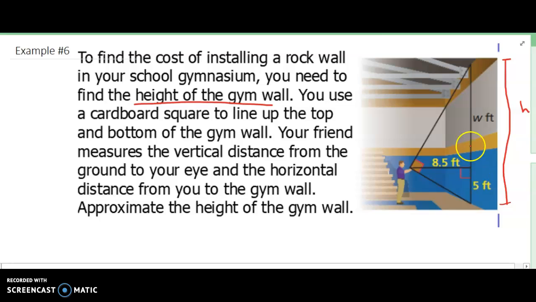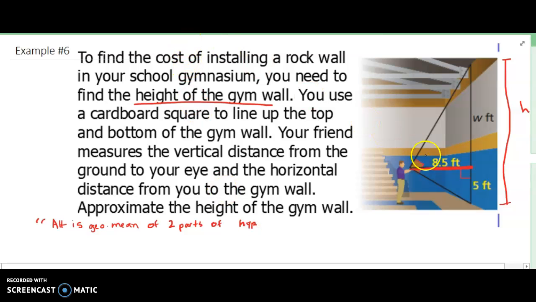All right, so what we have is this triangle. And would you not agree that this here is the altitude of this scenario? So we would use the geometric mean altitude theorem that says the altitude is the geometric mean of the two parts of the hypotenuse.